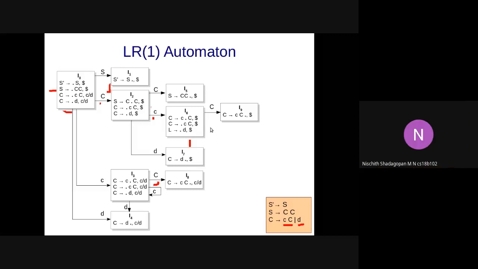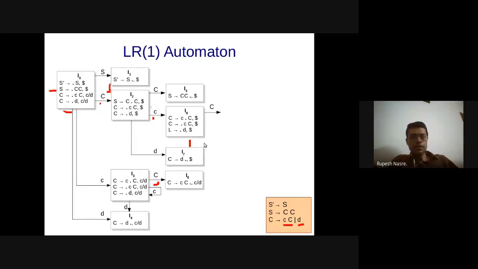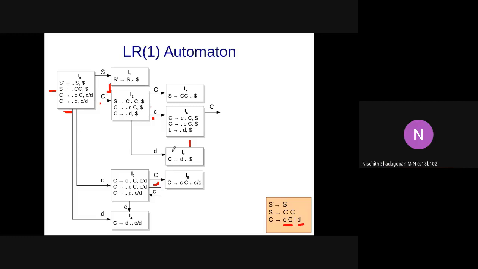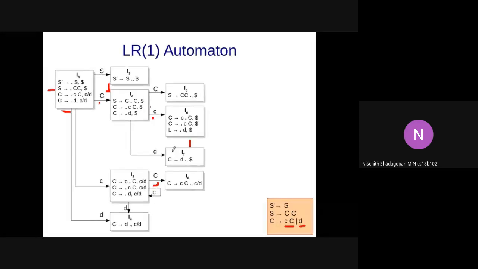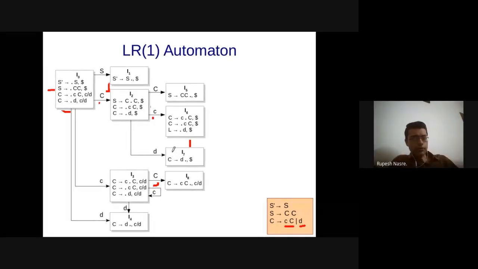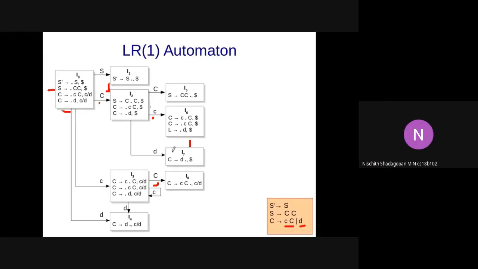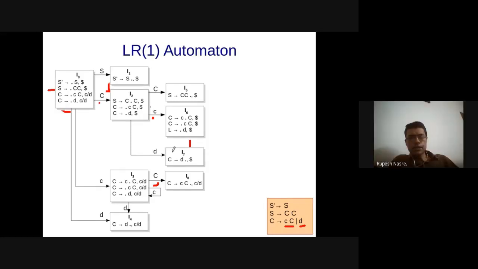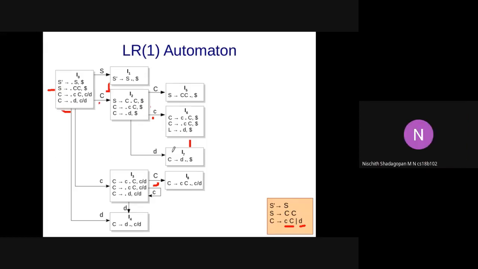LibreOffice is not responding. Okay, I have probably stopped sharing the screen, but let me go back. So we said that follow of capital S is dollar equal?